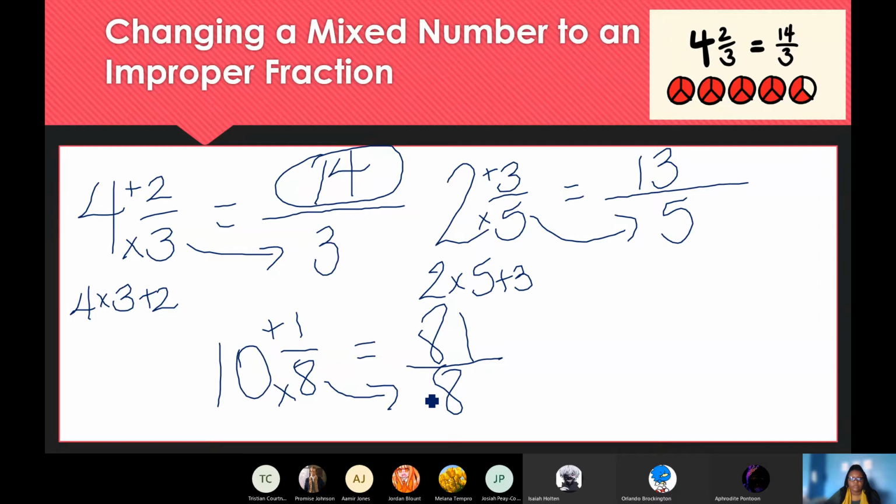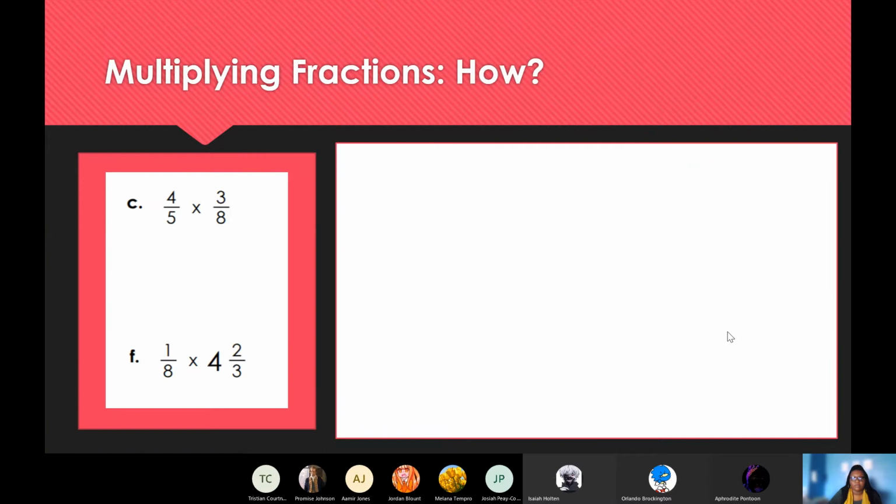Okay. So now let's go into the actual multiplying of fractions. So our first example, we're going to write down example 1.